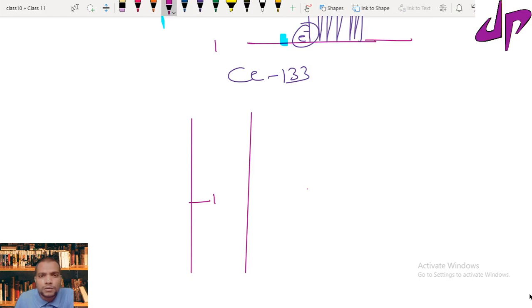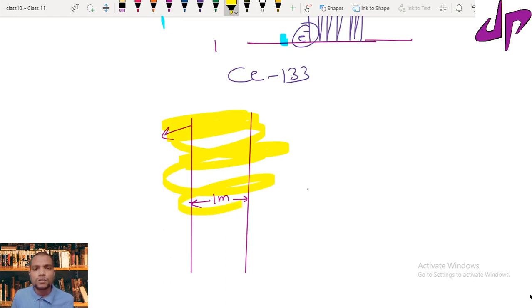So the distance between them is 1 meter. Their diameter is negligible, infinitely small. Almost all you neglect that. And this total setup is kept in the vacuum.